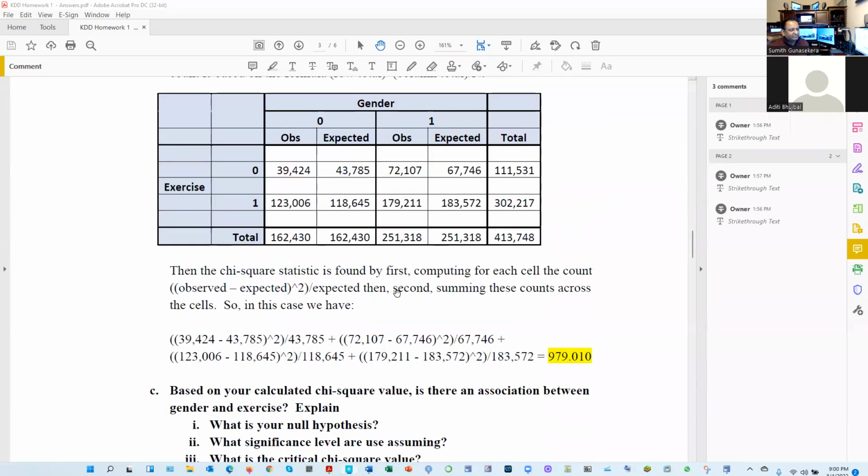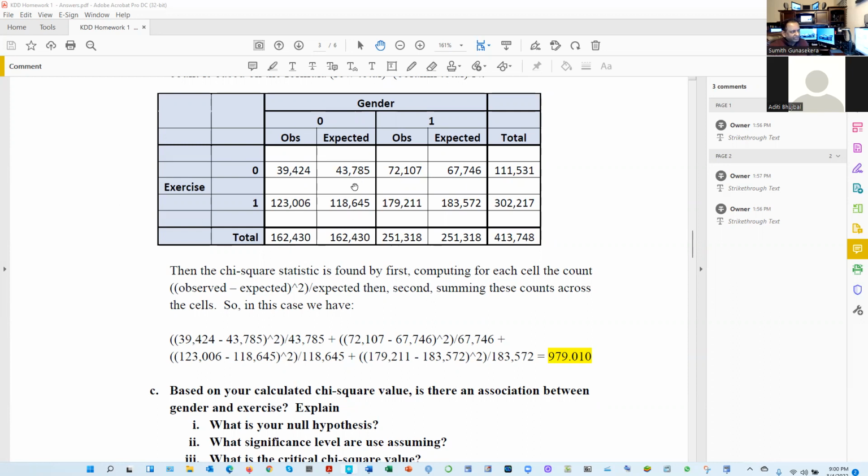Then you find the difference, this minus that, for each cell. This is one cell, another cell, another cell.